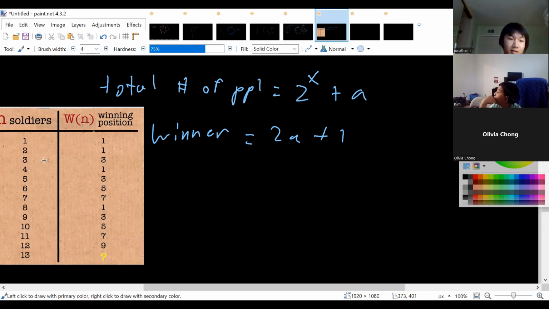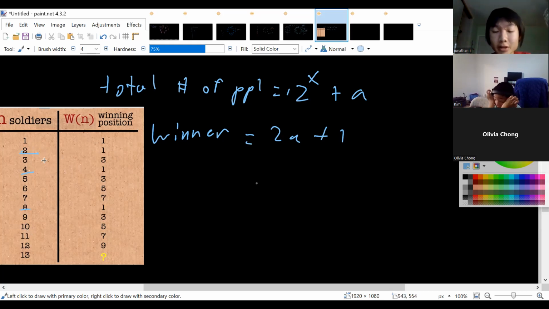On the left, you see this chart, the number of soldiers in the winning position. So if we write the total number of people in this form, the winner would be equal to 2a plus 1. We know that the powers of 2 will always be 1, so let's mark those out because those don't apply here. Can we just do 3 and see if this technique works?